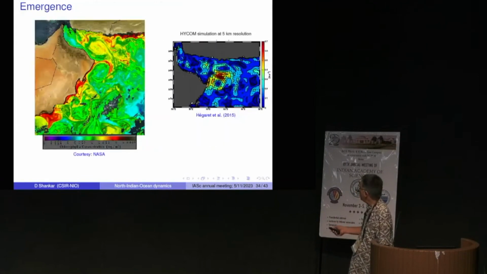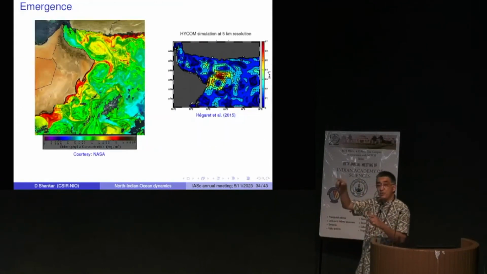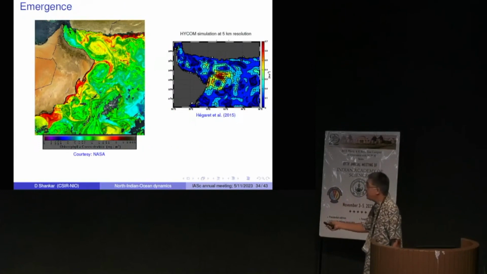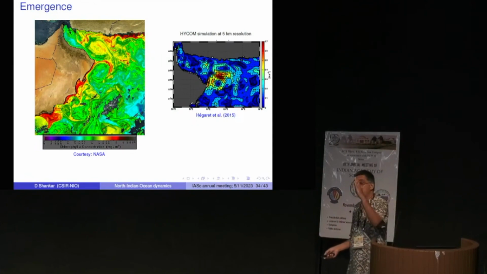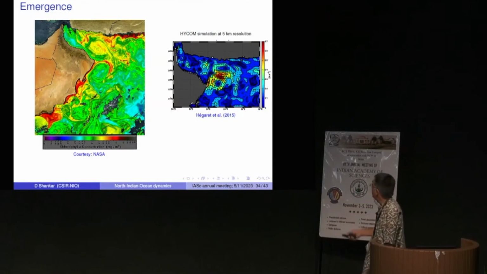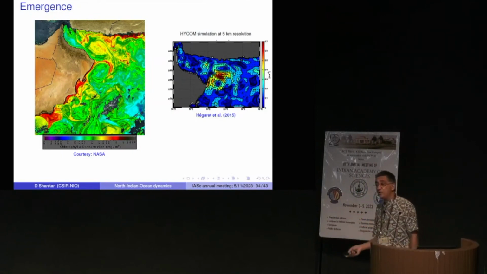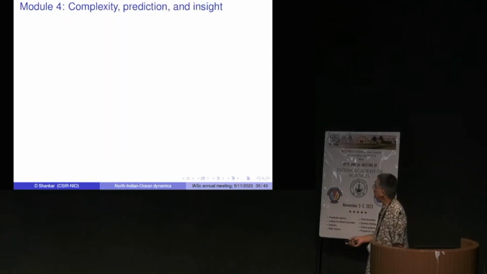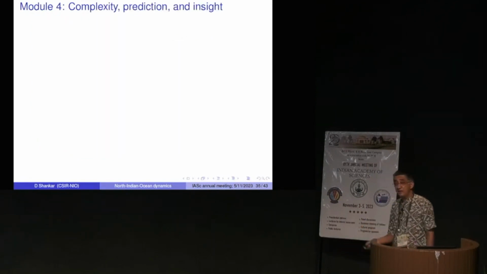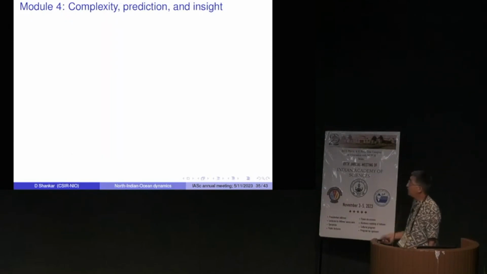So the current goes unstable, and it goes unstable producing the squirts wherever you have these capes. But if you take a linear system, the capes basically disappear as small perturbations, and you get a smooth flow offshore, producing those kind of minima. So this is emergence. This is a property that arises as a consequence of nonlinearity. So module 4 looks at the implications for two things that are of interest: prediction and insight.